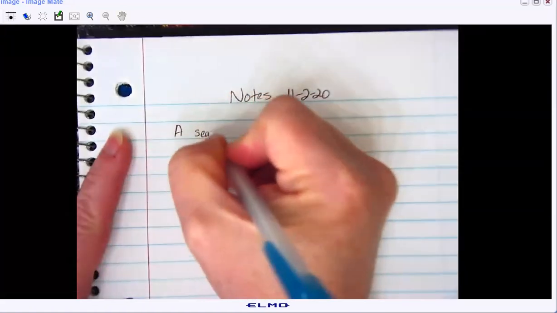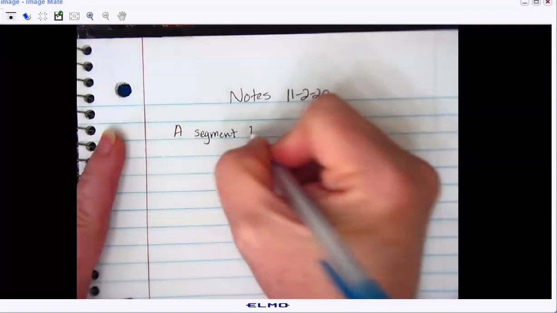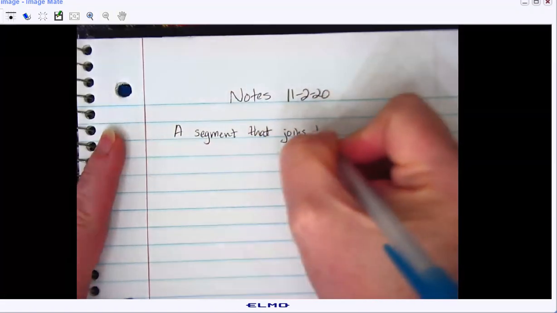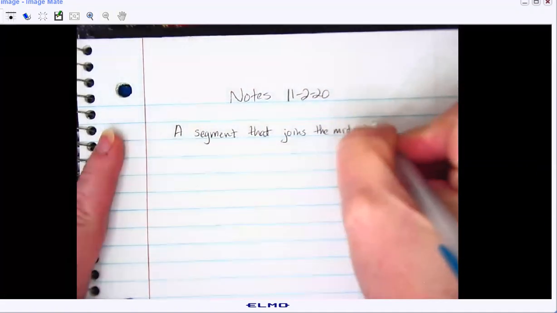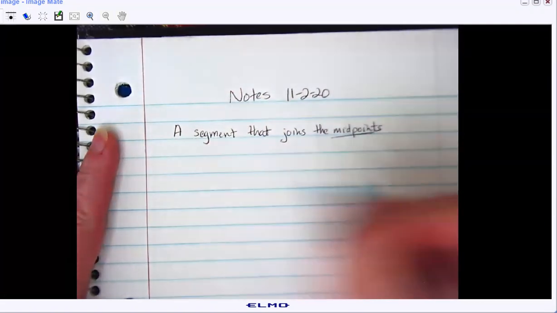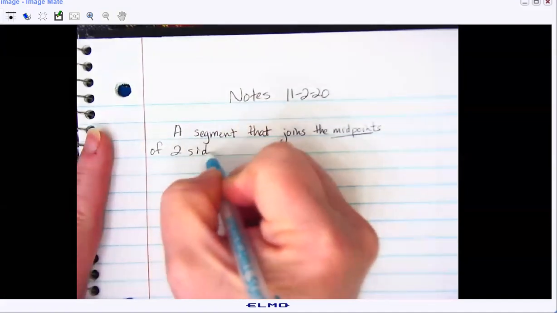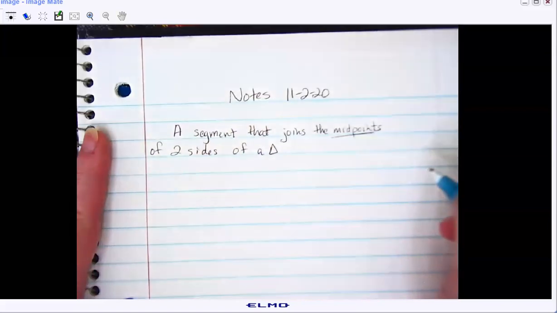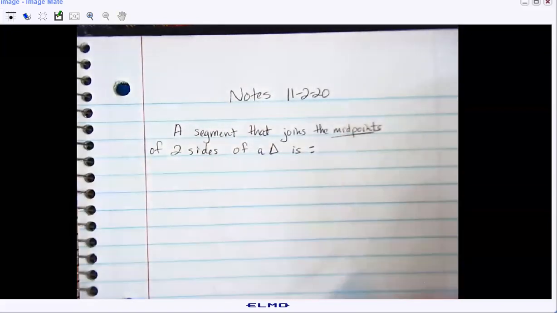A segment, so that's a line that joins the midpoints. So that's important, midpoints of two sides of a triangle is two things.